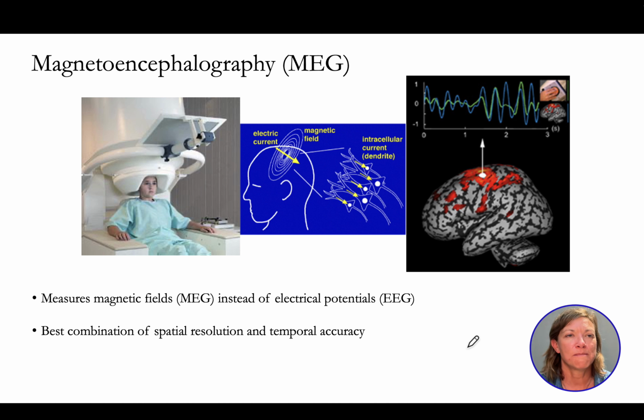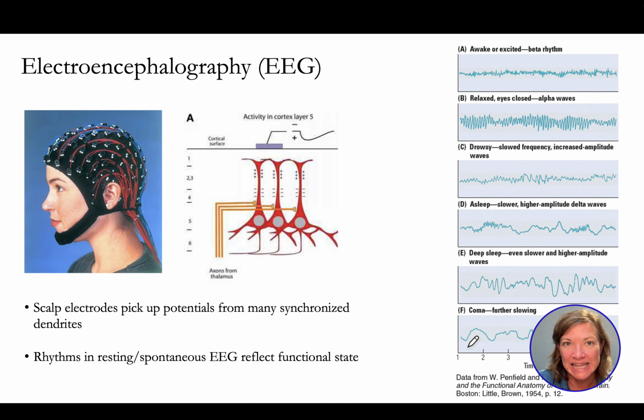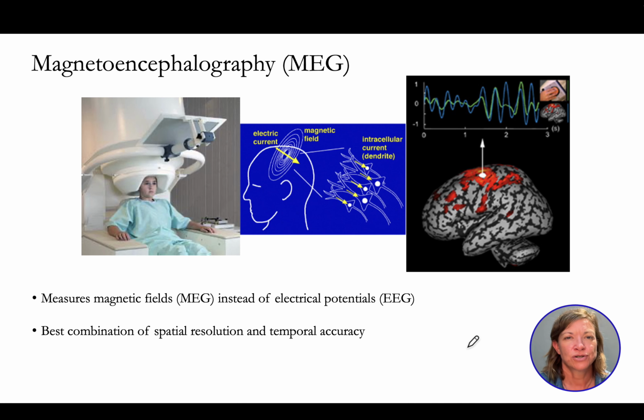And finally, we have magnetoencephalography, or MEG. So EEG measures aggregate electrical activity in neurons. MEG measures the magnetic field that the electric current traveling in neurons produces.